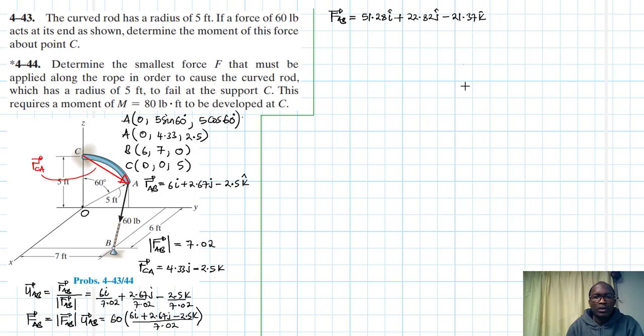We have the force vector. So I want to write down in advance the unknown force in terms of F. So the unknown force in terms of F, we write it as just F is equal to, this is for the second case, this is going to be equal to the magnitude itself, which is just F, times the unit vector AB.